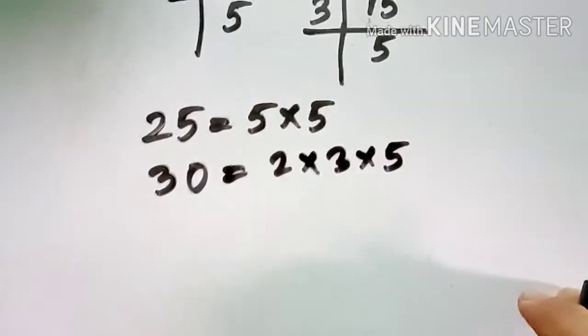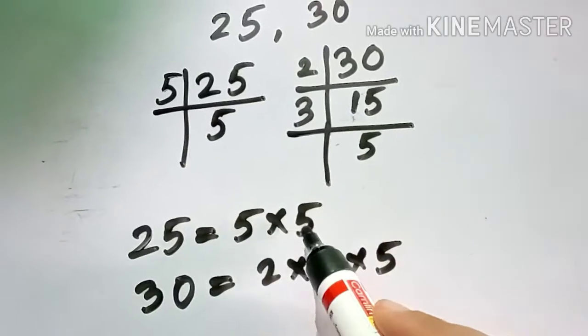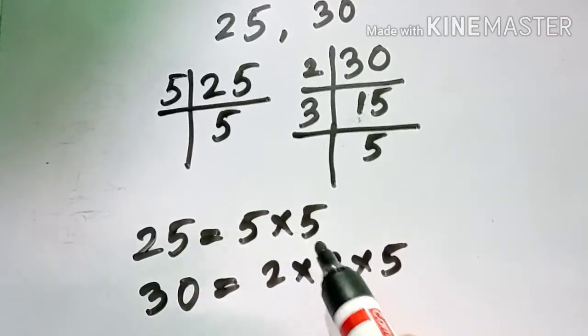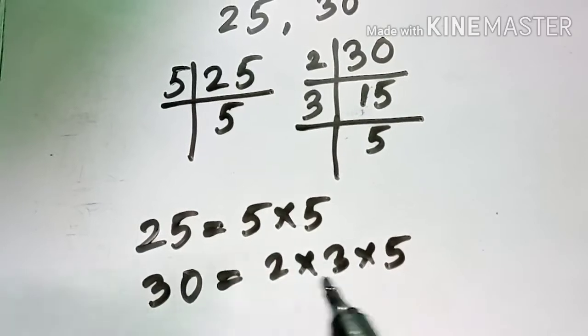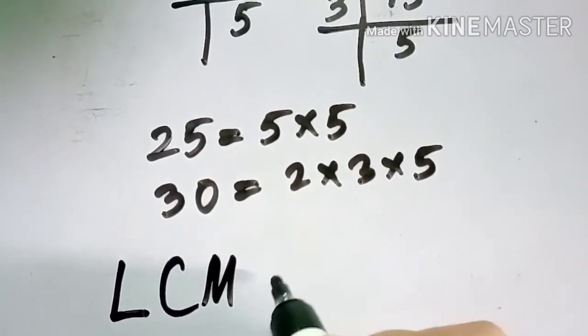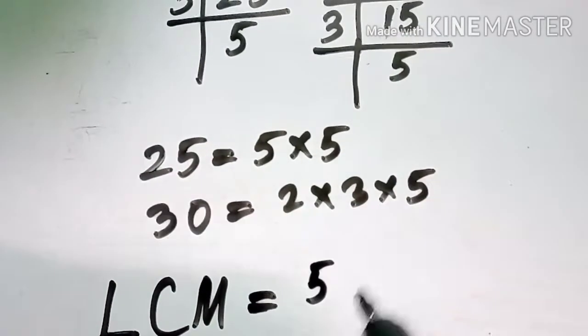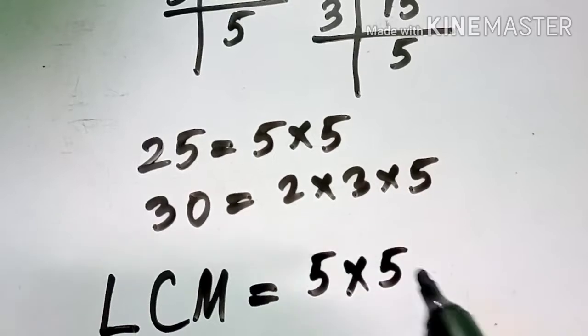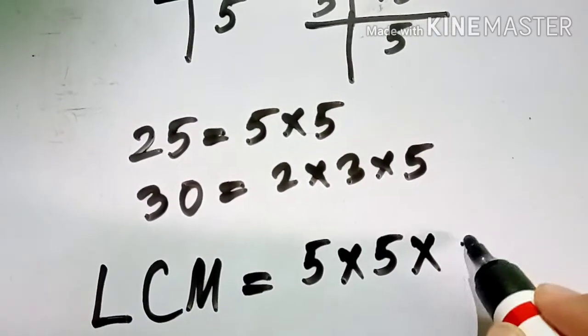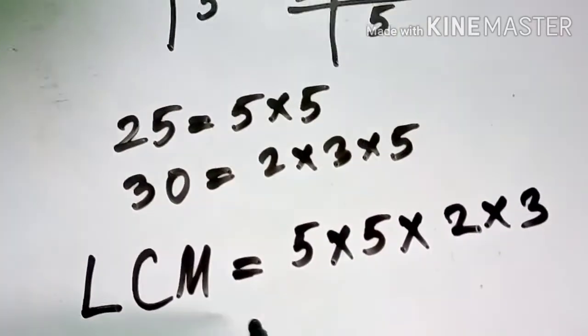Next, what did they say? The factor which happens the maximum number of times, then all the remaining, together the product will be the LCM of these two numbers. This 5 happens twice, then 2 happens only once, then 3 happens once.